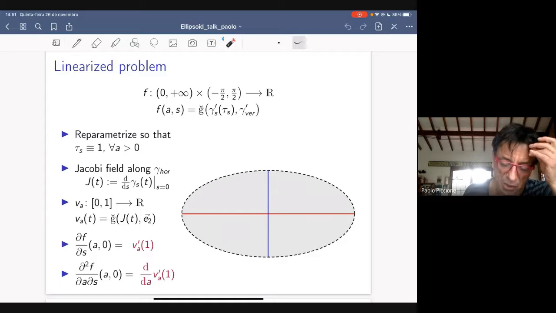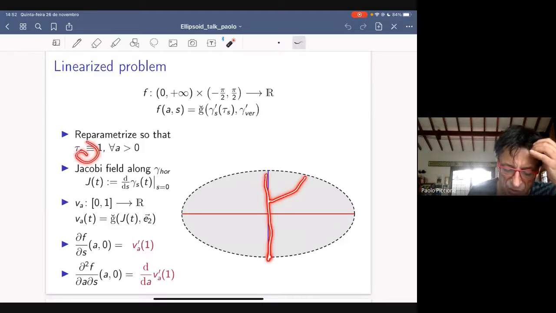This slide here explains more or less how the Jacobi equation is used to determine the partial derivative of f with respect to s. But it's pretty obvious: taking a variation of s means taking a variation of geodesic, which is given by this field here. So this value here is simply the value of the Jacobi field corresponding to this variation of geodesics, the value of its derivative at the point 1, which now corresponds to the point of intersection of the geodesic with this vertical one, okay?